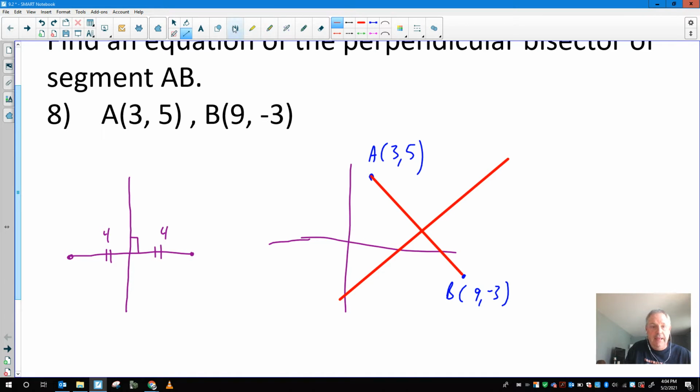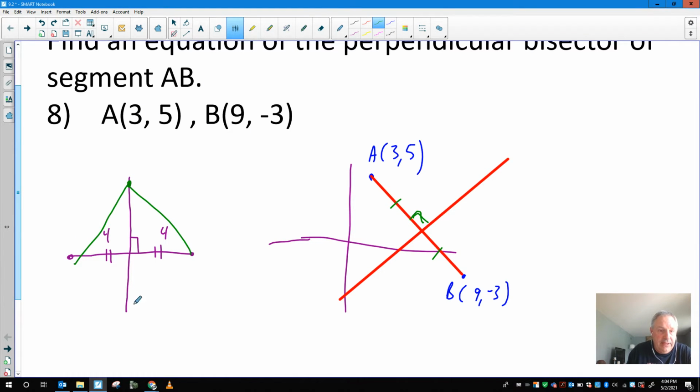We'll assume that I did that perfectly, and that is a right angle, and these two are equal to each other. So any point on here, if I were to connect from here to here and from here to here, all of those segments that I draw are going to be equal.